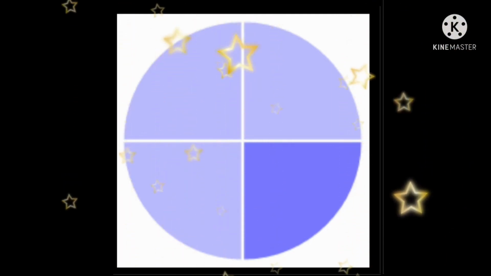The second word that starts with the letter Q is quarter. What is the meaning of quarter? If you divide anything into 4 equal parts, one part, 1/4, is called a quarter. One part of the whole is called a quarter.